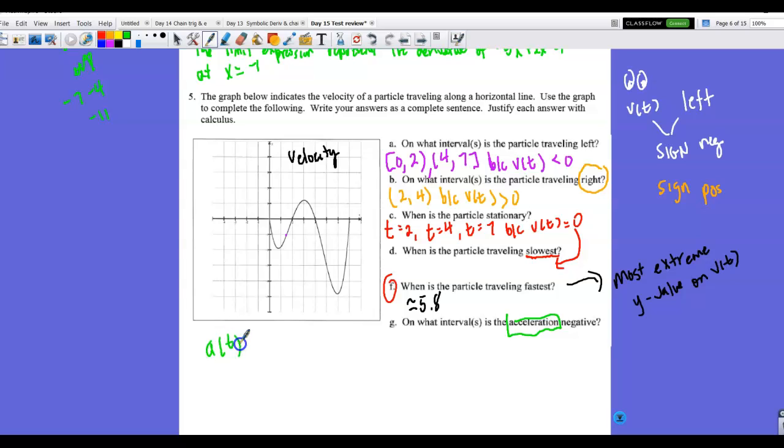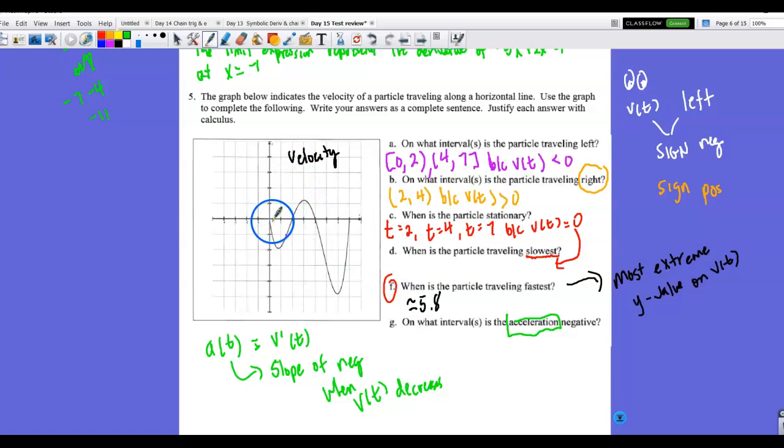Acceleration is the derivative of velocity. Derivative is slope. So acceleration is the slope of velocity, and we want negative. So when is the slope of the velocity graph negative? Well, the slope of the velocity graph is negative when the velocity decreases.